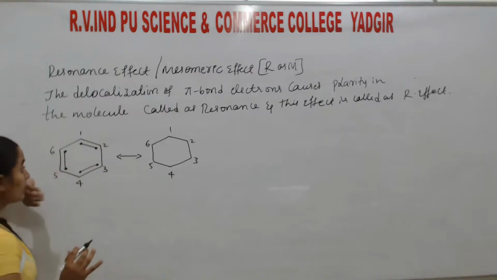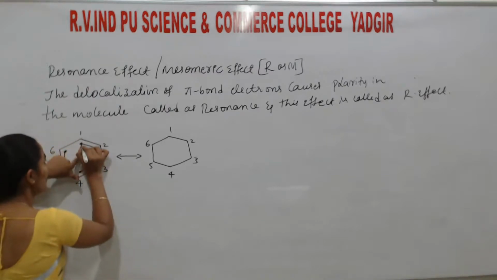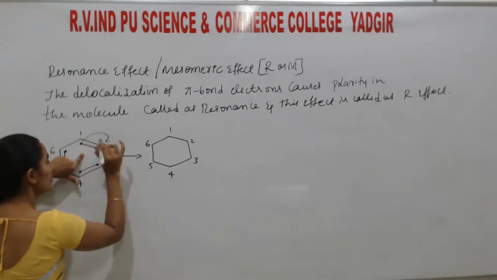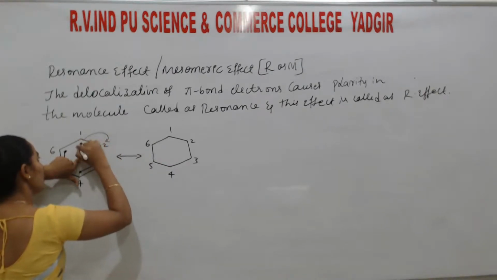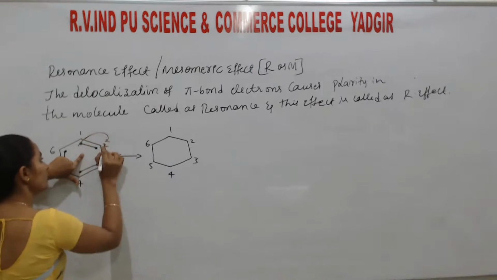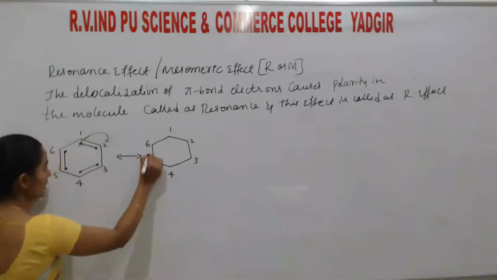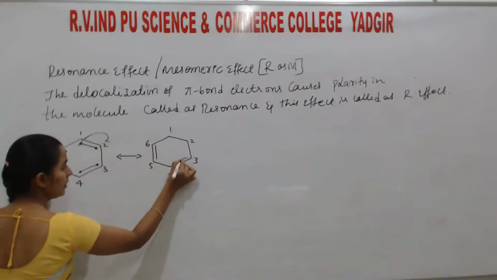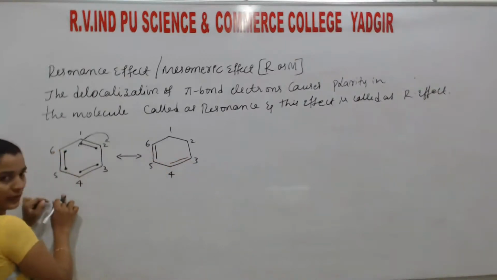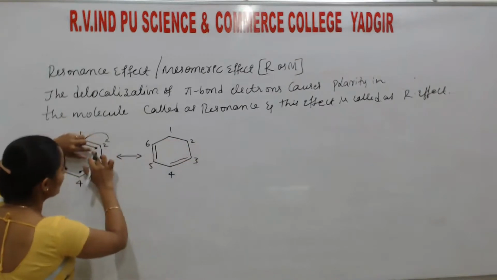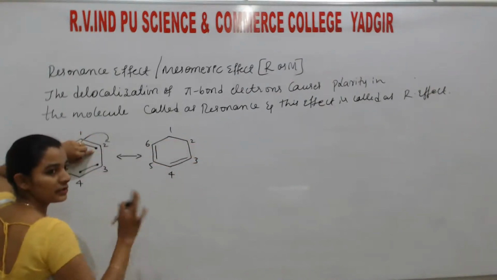You know. Then what happens? These two pi electrons completely transfer to the second carbon atom. As it is, the bonds are here in between 4, 3 and 6, 5. Only here changes take place. Here this electron belongs to the second carbon atom, so that is neutralized.